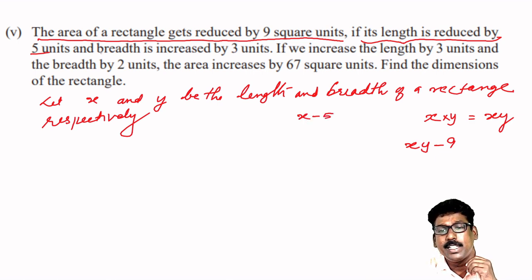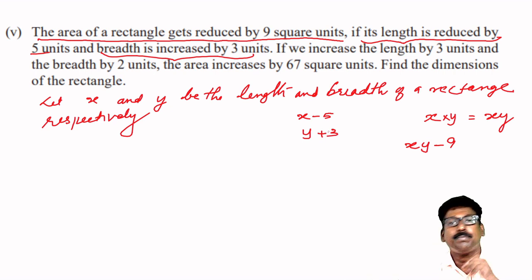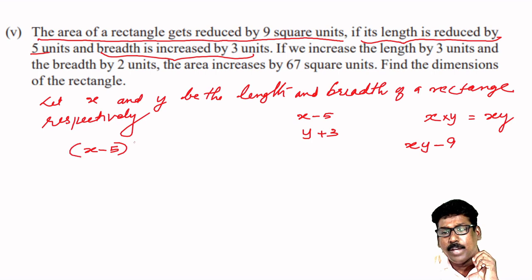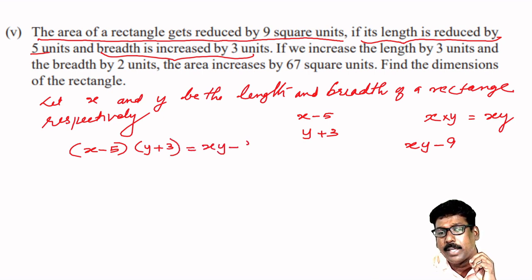And breadth is increased by 3 units. Breadth is y, so y plus 3. Now, if length is x minus 5 and breadth is y plus 3, its area will be x minus 5 into y plus 3. This gives xy minus 9.